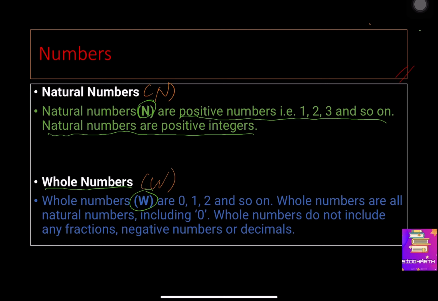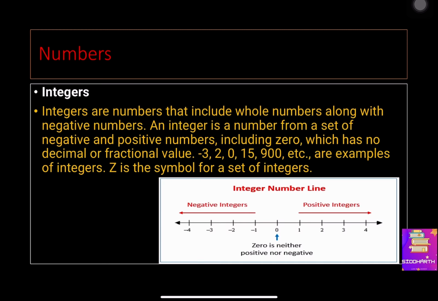Please note it. Whole numbers are natural numbers including 0. So whole numbers is natural numbers plus 0. Whole numbers do not include any fractions, negative numbers or decimals. Just a quick look back into what we learned all these years.